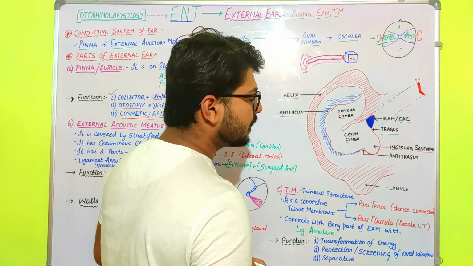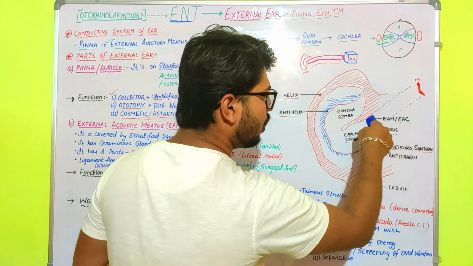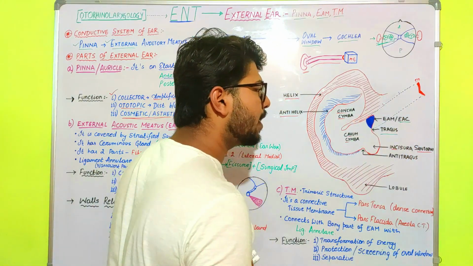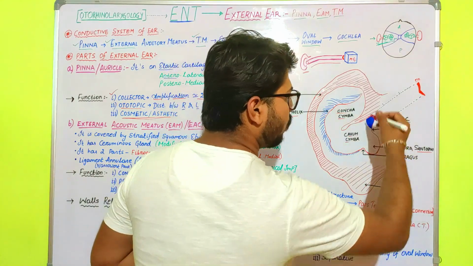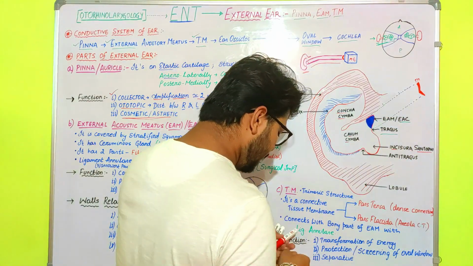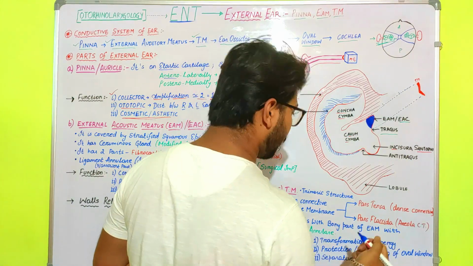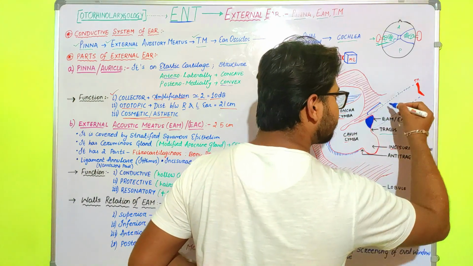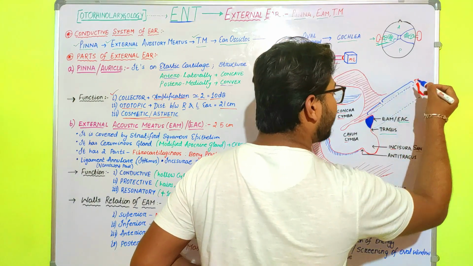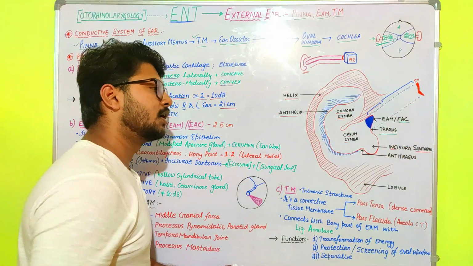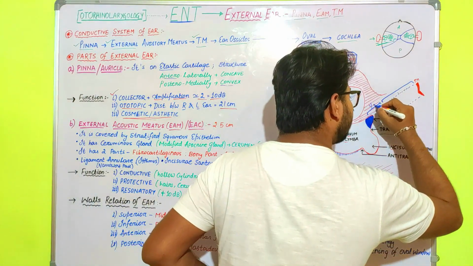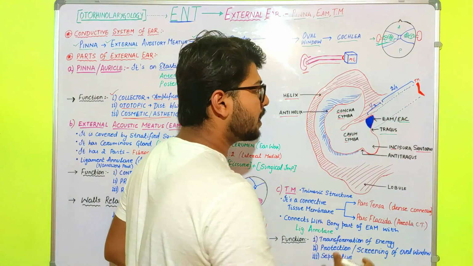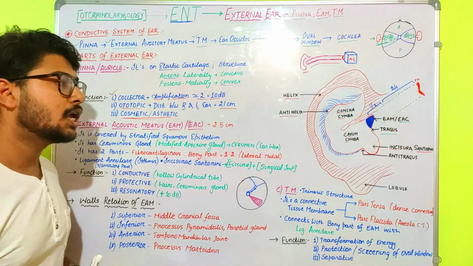What we can see here is that behind the tragus we have the opening of the external acoustic meatus, and it has two parts: one is the cartilaginous part and the other is the bony part. Laterally it has the fibrocartilaginous part, and medially, inward, it has the bony part: lateral one third and medial two thirds.